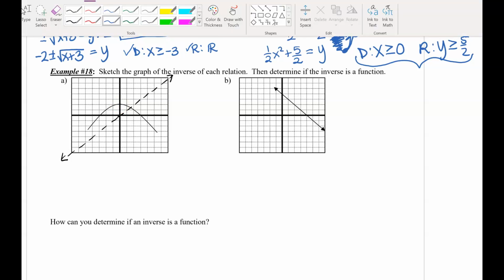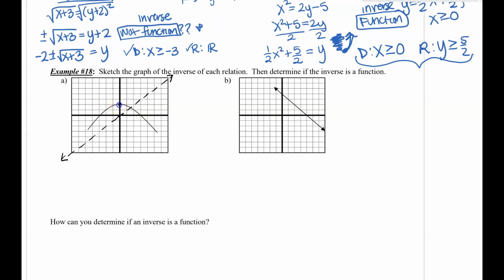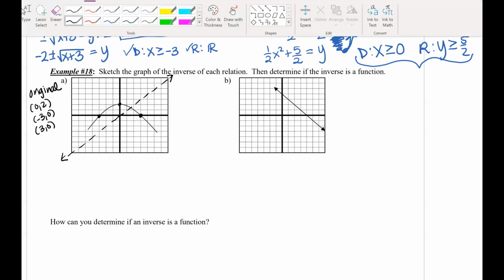Like in the original here, I have the point 0, 2. I also have a point here at -3, 0. And a point here at 3, 0. Okay, let's see if I can use those to help me draw my inverse a little bit.